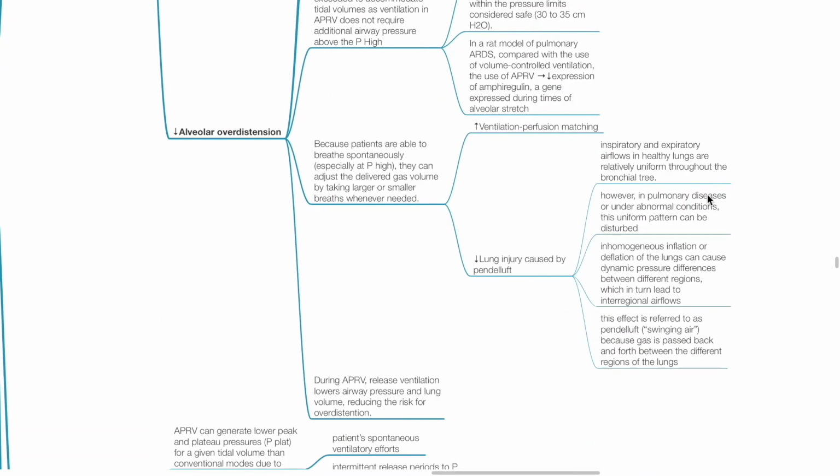Because patients are able to breathe spontaneously, especially at P-high, they can adjust the delivered gas volume by taking larger or smaller breaths whenever needed. This increases ventilation perfusion matching and reduces lung injury caused by pendelluft. Regarding pendelluft, inspiratory and expiratory airflows in healthy lungs are relatively uniform throughout the bronchial tree.